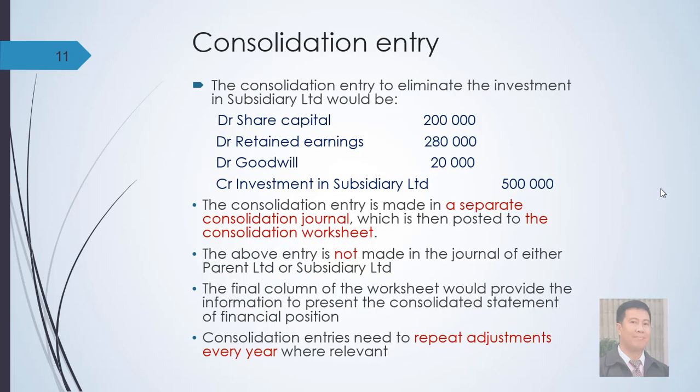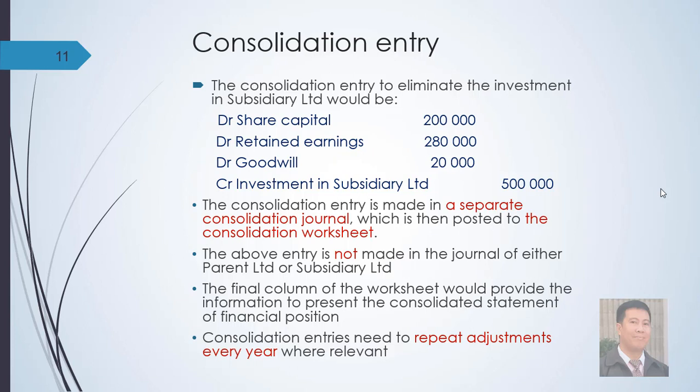So when you do the journal or consolidation entry, we have debit share capital, debit retained earnings, debit goodwill. These items you can see on the previous slides, the parent and subsidiary books, and then credit investment in subsidiary. Notice the difference: goodwill is debited.